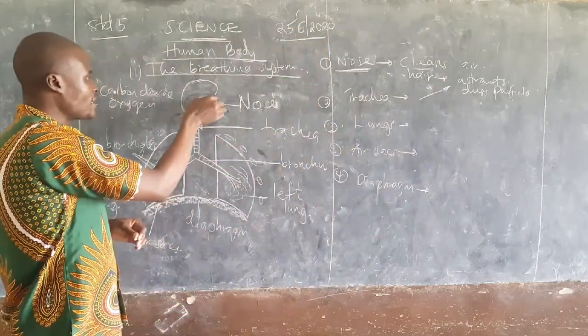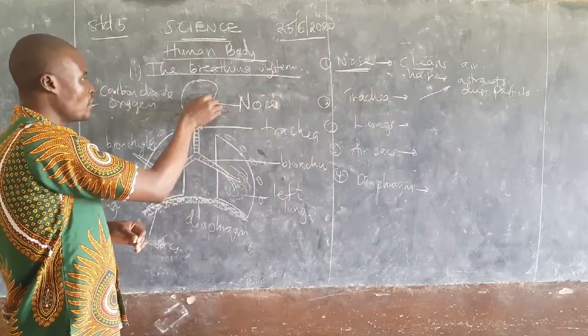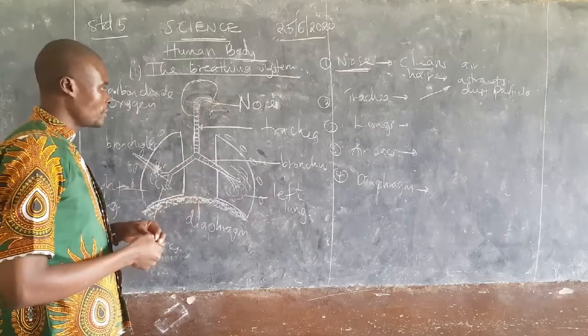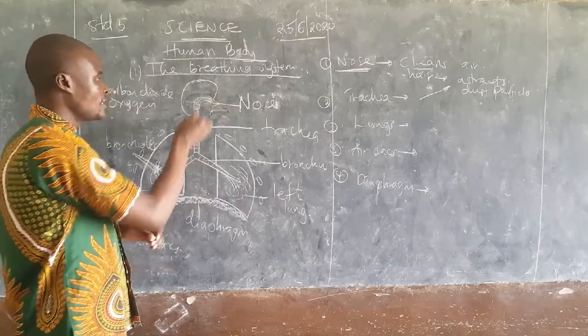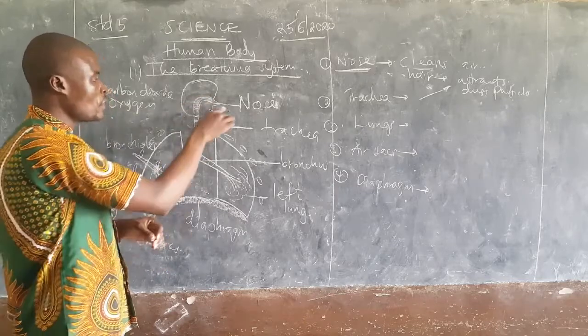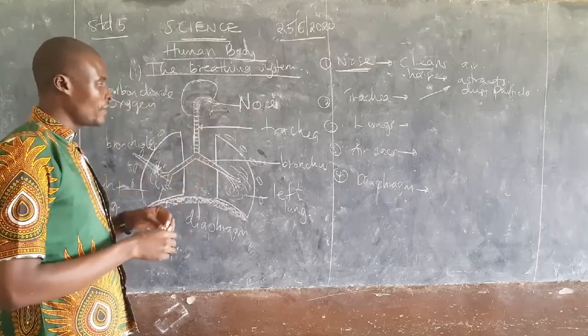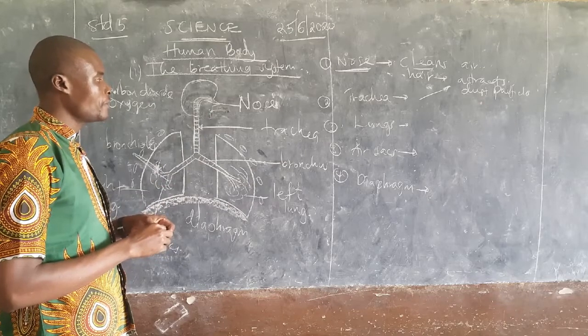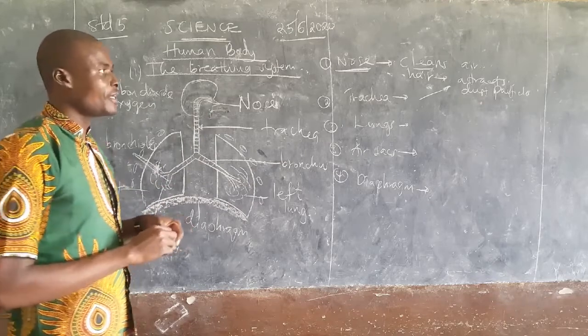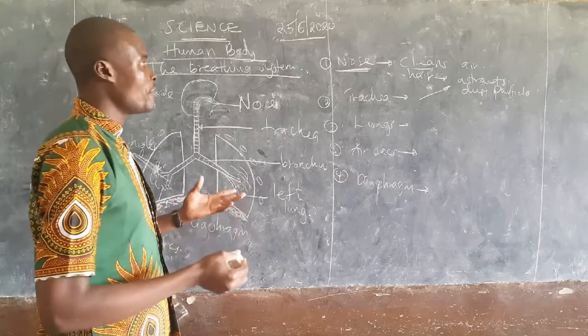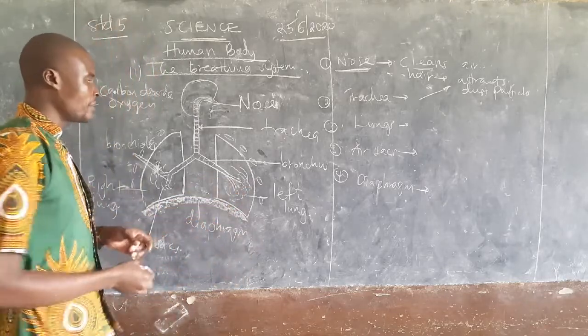And again, it's a passage of air as it comes from the nose. So it has two roles that I've just mentioned. It's a passage of air from the nose to the other parts of the breathing system, and it also helps in attracting any dirt that may harm our system.